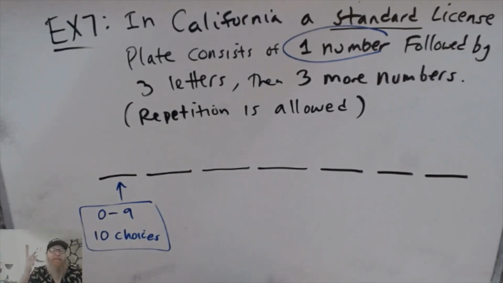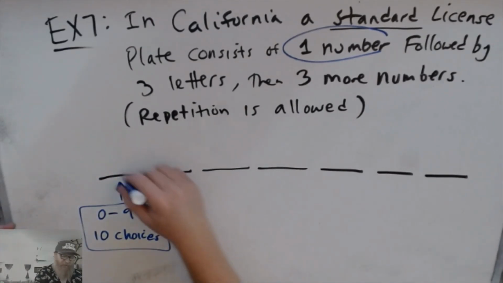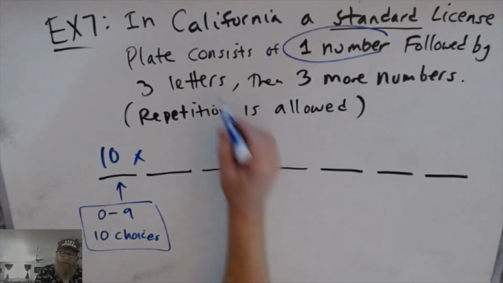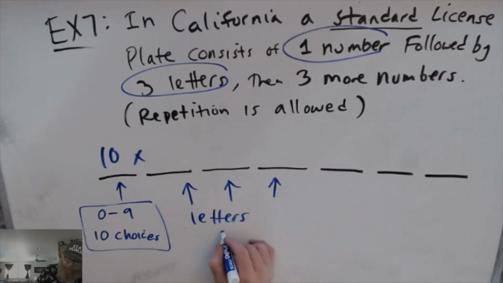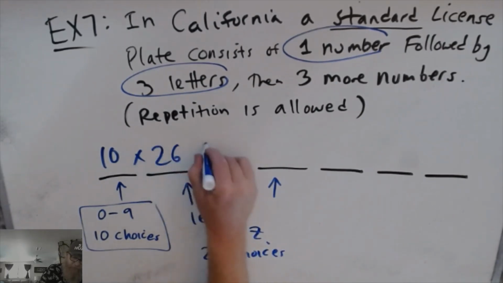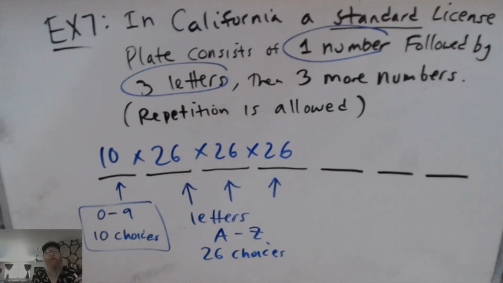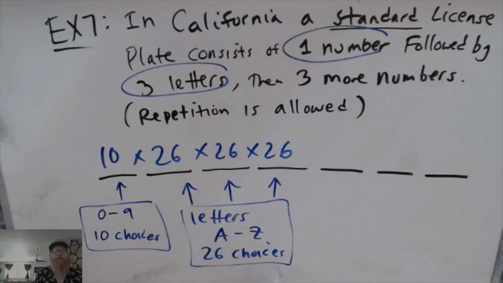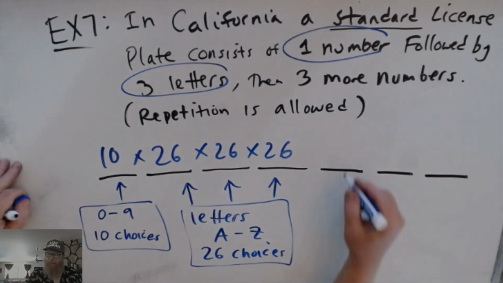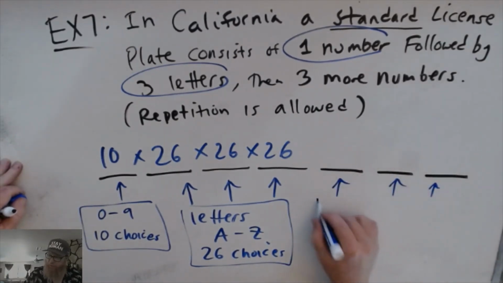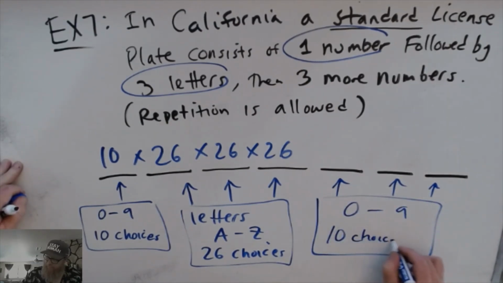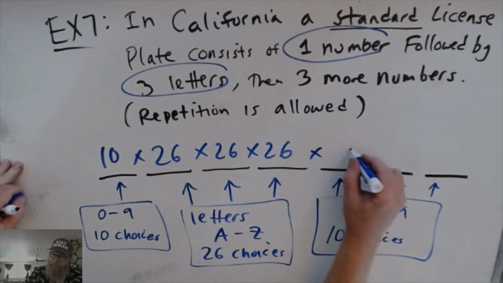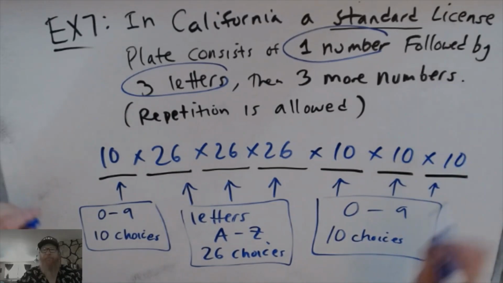For the 3 letters, A through Z, you have 26 choices, 26 choices for the alphabetic letters A through Z, followed by the last three numbers, which you also have 10 choices. Ten times 10 times 10.